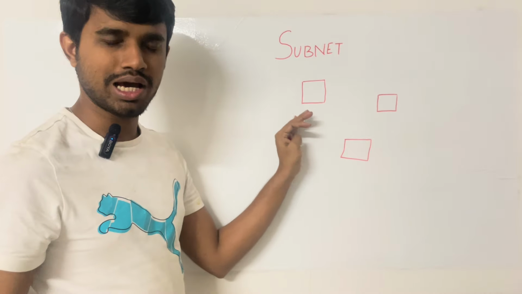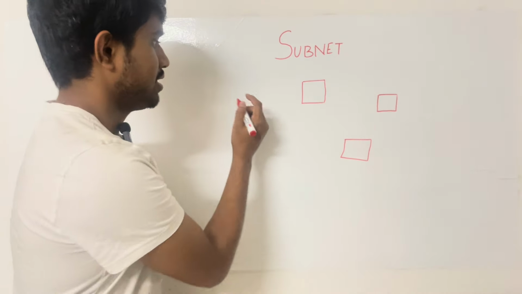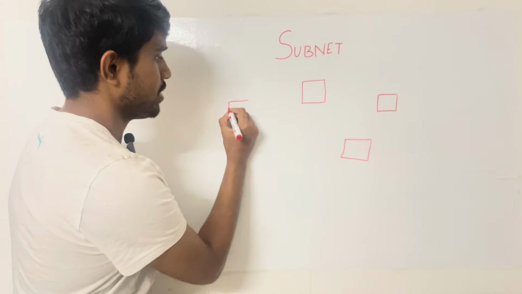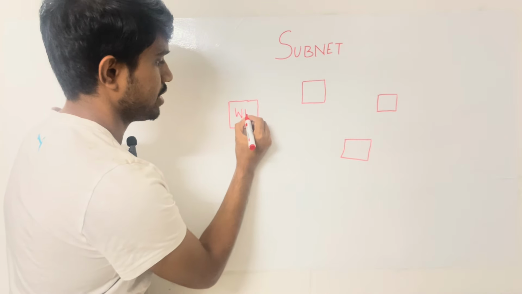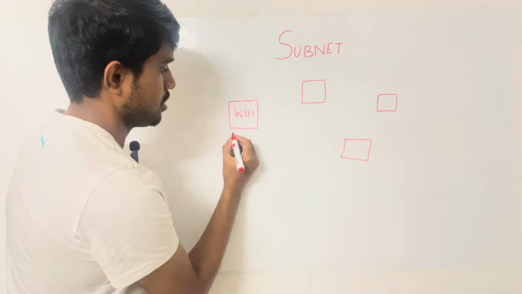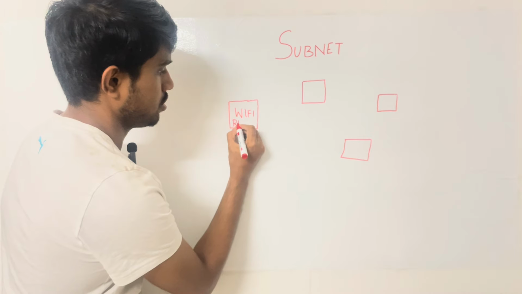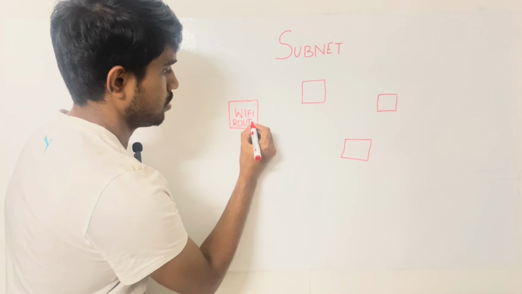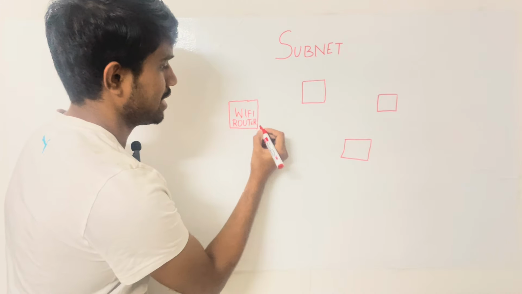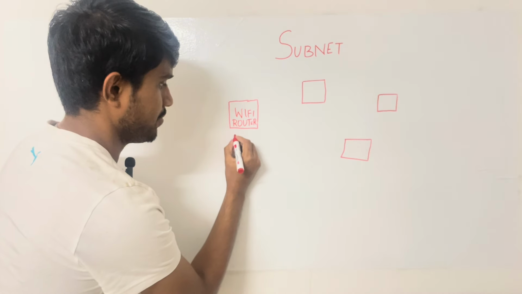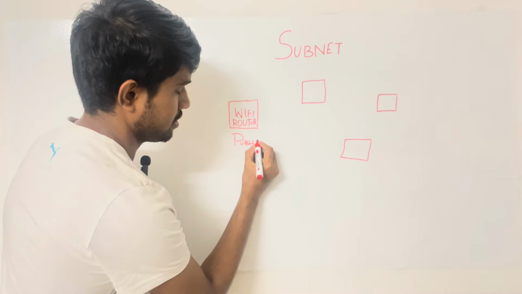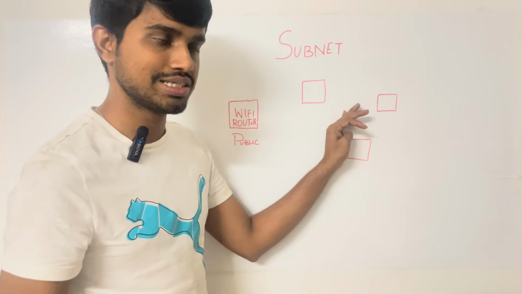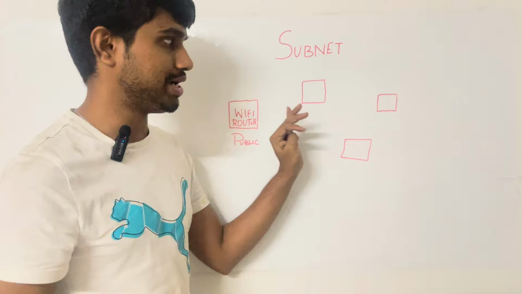So usually what happens is only the Wi-Fi router has a public IP or a public address, and all these devices will be assigned a private IP.